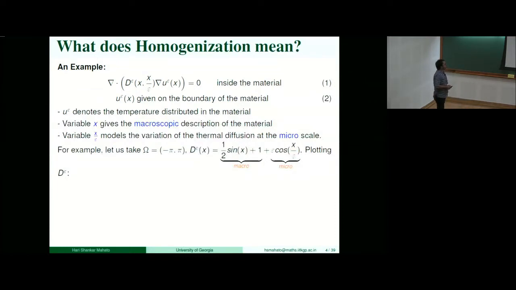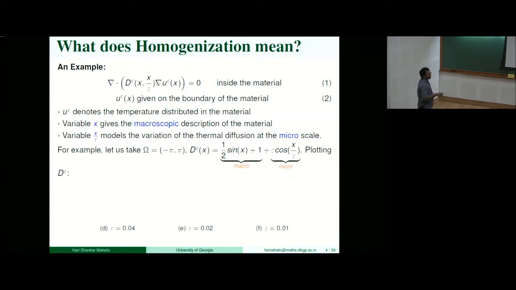If you denote the diffusion coefficient d epsilon in this fashion and plot it on the domain omega from minus pi to pi, I don't know if this figure is visible, but for epsilon equals 0.04, we have a global oscillation in the diffusion coefficient, but at the same time, we have micro oscillations as well.